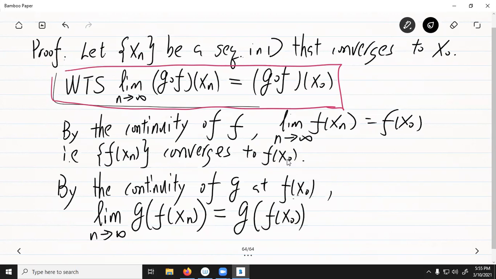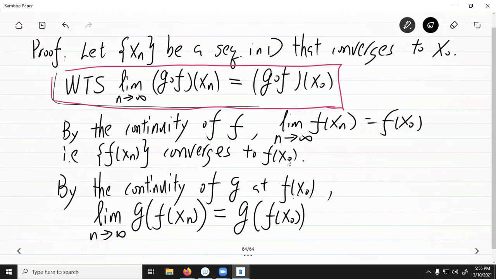You treat this one as a sequence, which converges to this number, and g is continuous at this number. So that means g of that sequence also converges to g of that number, right? Just by definition, I didn't add anything. I just used the definition again and again. So this is the final result.